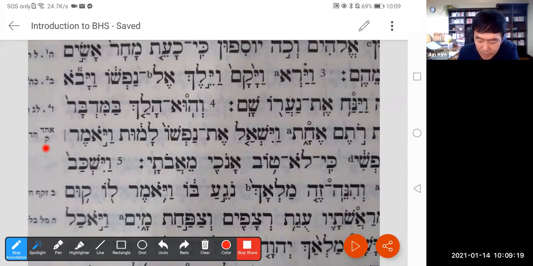So what is the difference? The written ketiv is ekhat. So the last one is taf, and this one, the last one, is dalet. Can you see? Above this kere, you can see alef, chet, and dalet. The suggestion is that the taf at the end of this word must be an obvious error.